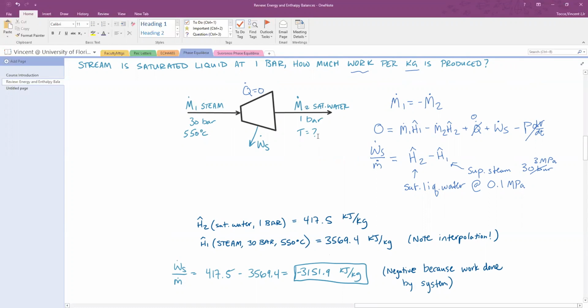So the problem with the energy balance is that it doesn't account for things that are physically impossible. Well, I won't say physically impossible, because it is physically possible, but we'd have to remove some more heat. We'll say a better term for it is that it's not a spontaneous process. If we just simply feed this steam in, we will not get saturated liquid water out. And that is because it violates the second law of thermodynamics.